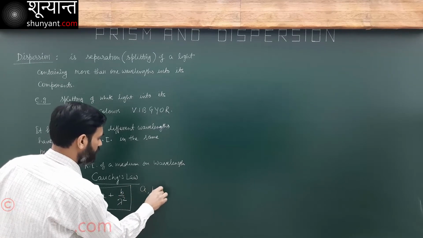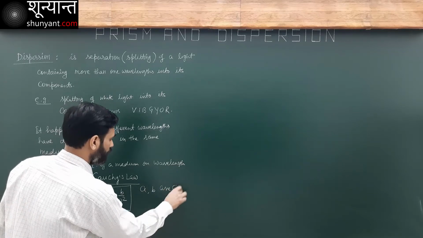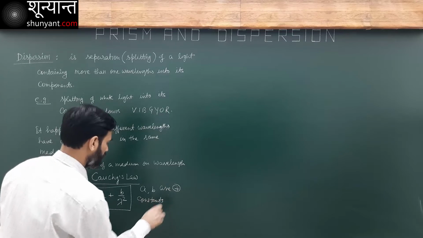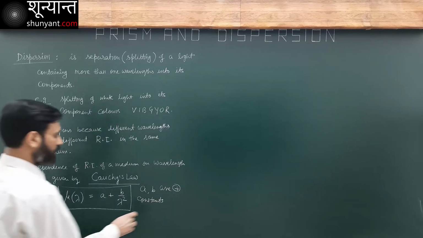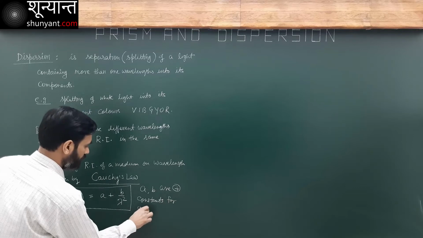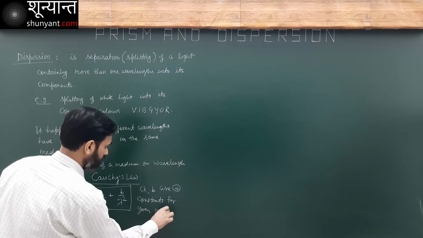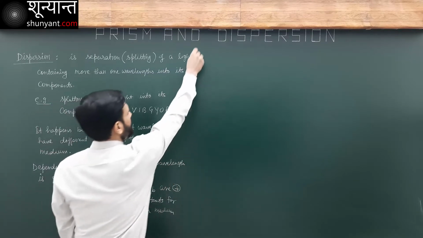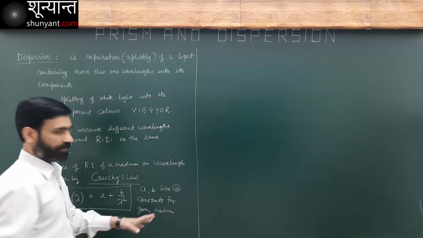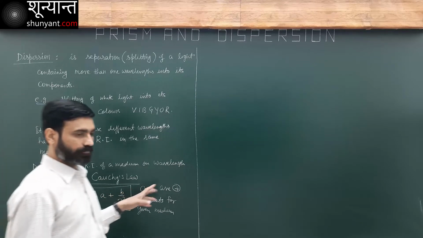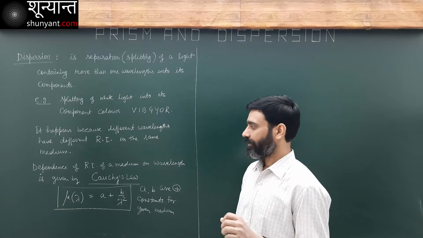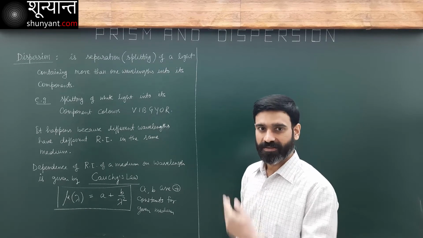A and B are positive constants for a given medium. Let's accept that refractive index depends on wavelength. How does it result into dispersion?